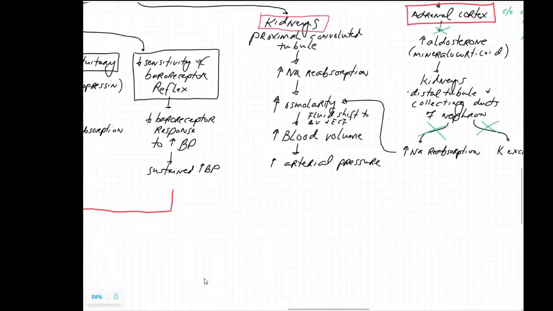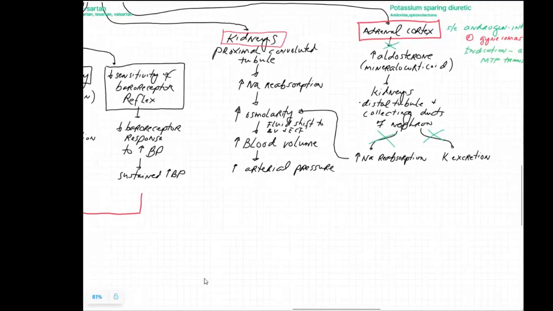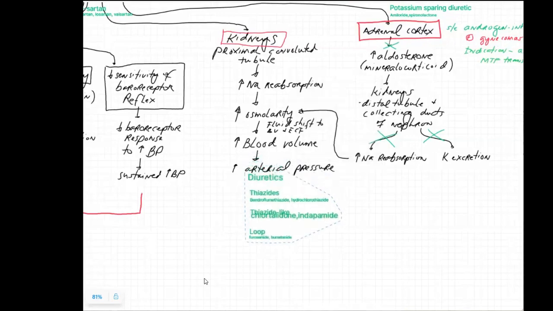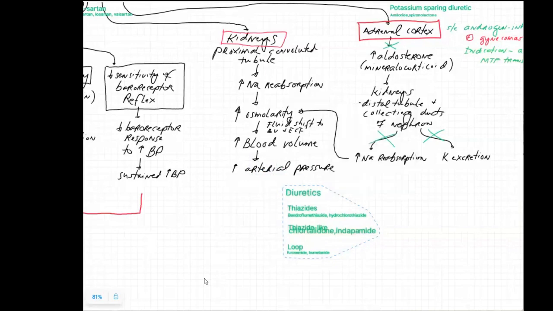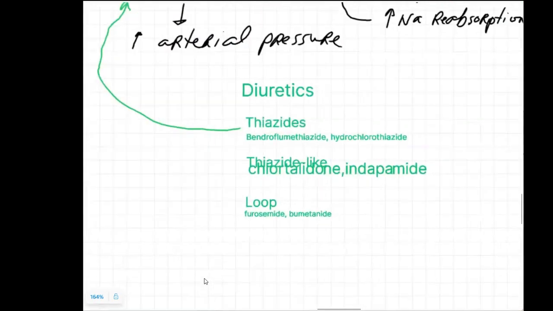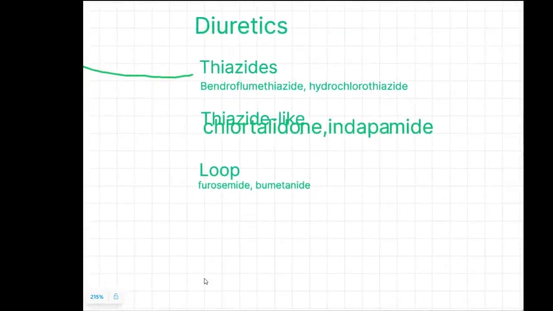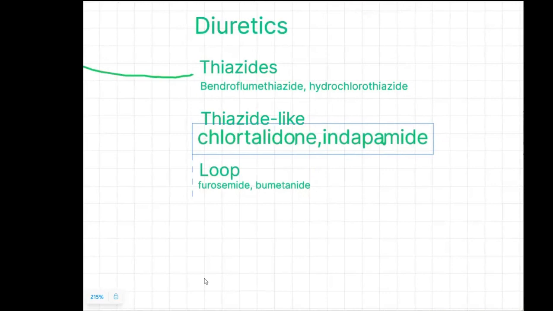And here's the other place where we can put that, because it does act in the kidneys to excrete the extra fluid, so it helps decrease blood volume. It may be important to look at the side effects of some of these drugs, however.